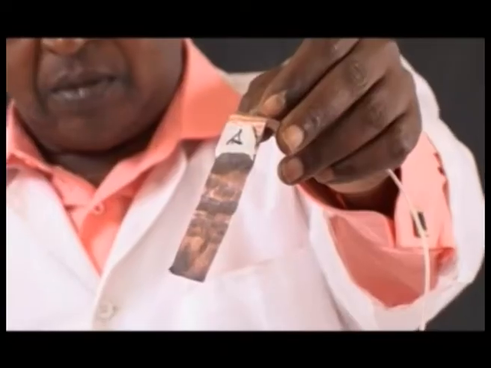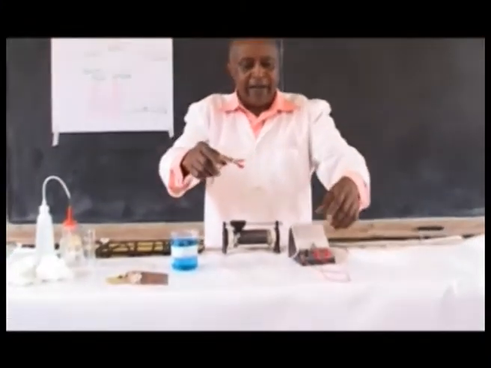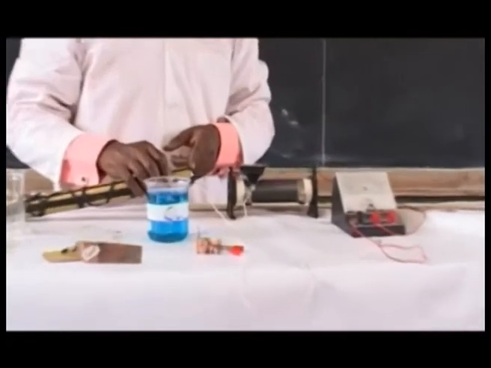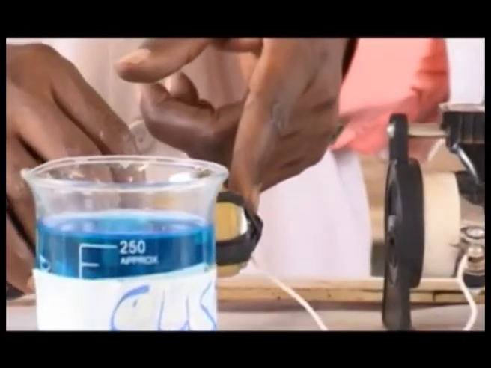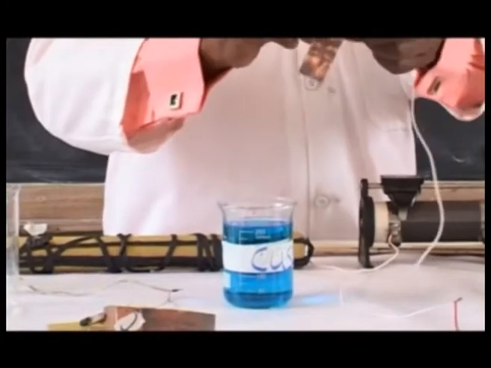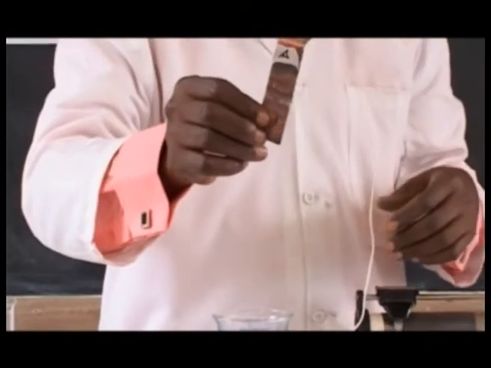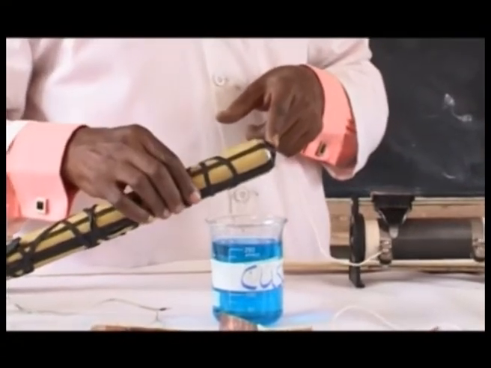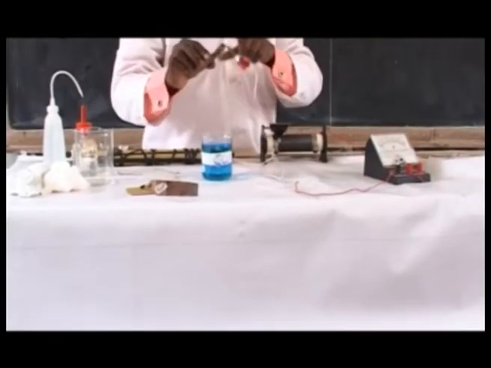This is the anode. It is connected to the positive terminal of the battery by the following pathway.